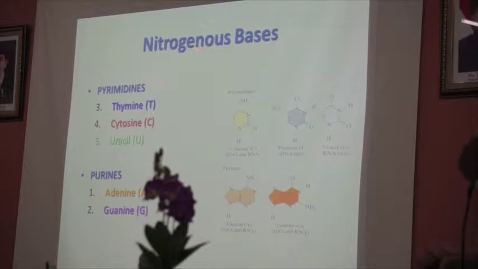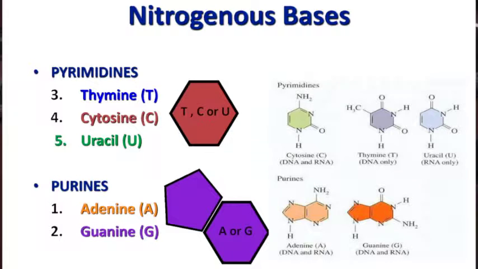And the nitrogenous bases are pyrimidines: thymine, cytosine, and uracil, which is only used in the RNA, and purines: adenine and guanine. The picture is like this one, a little bit more complex for the purine group compared to the pyrimidine.